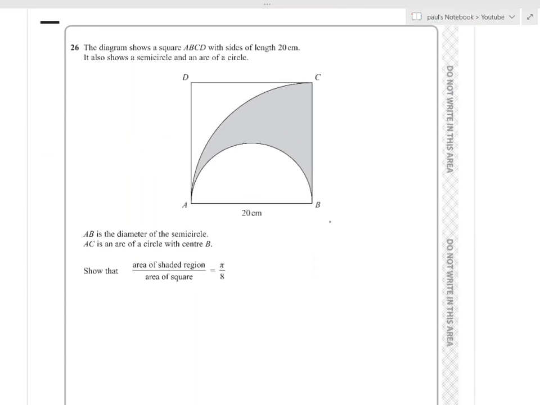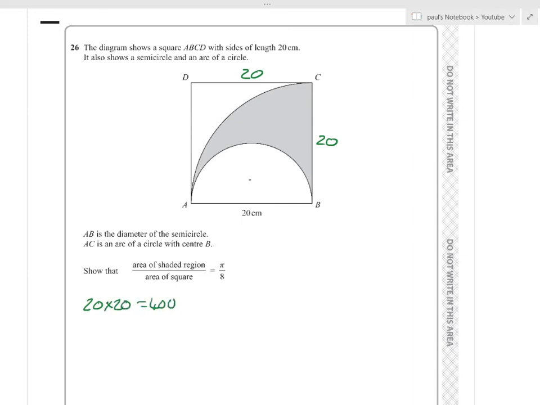Let's have a look. The diagram shows a square ABCD with side lengths of 20 and 20. Okay. Shows a semicircle. Show that the area of the region is pi divided by 8. Okay, so the whole square is 20 times 20, which equals 400.